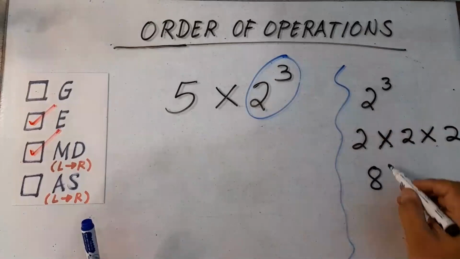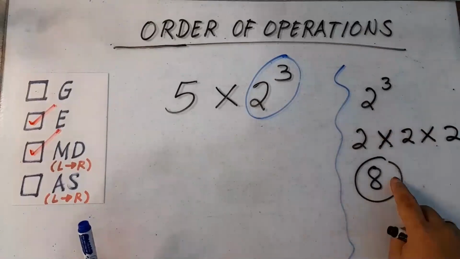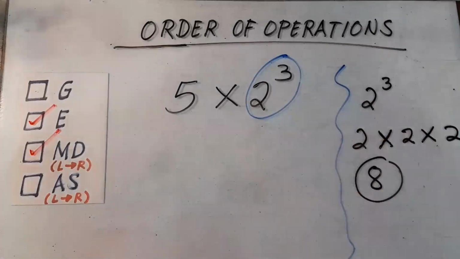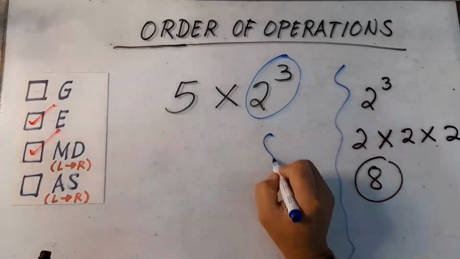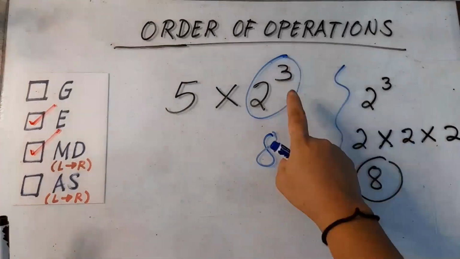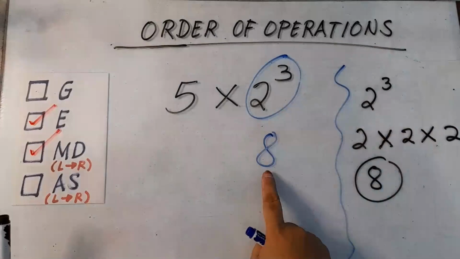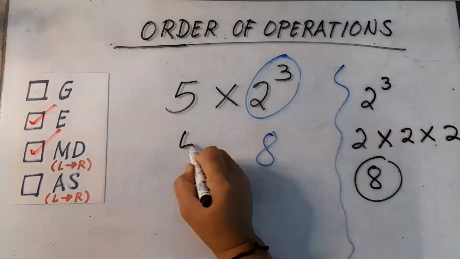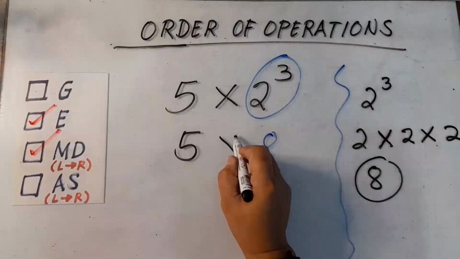Yung 8 na yan, ang gagamitin natin for 2 raised to 3. So, we will have now 8. Okay? So, yung 2 raised to 3 simplified into 8.